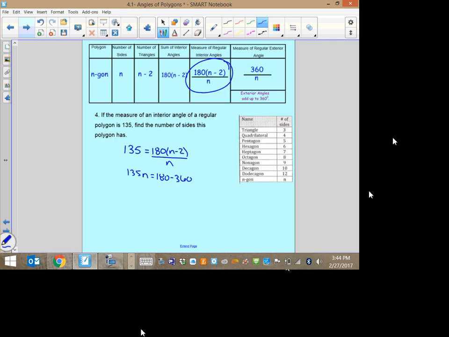And then combining all of that, moving all the n's to the same side, subtracting our 180n over, we'll get negative 45n equals negative 360. Dividing by negative 45, we're going to get n to be 8. So 8, an octagon, has interior angle measures of 135. A regular octagon does.